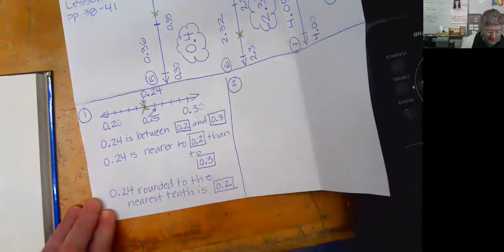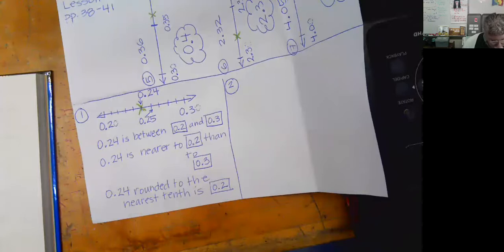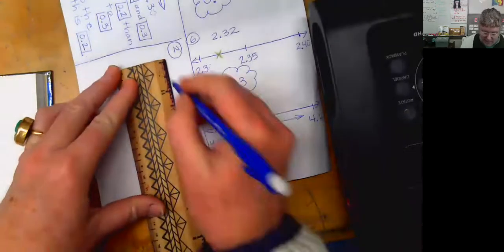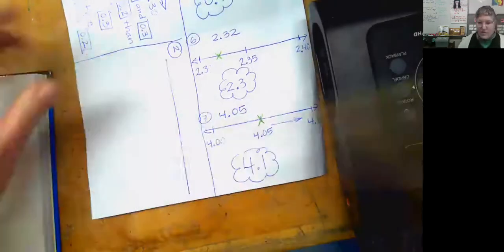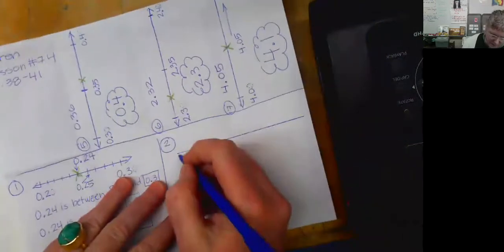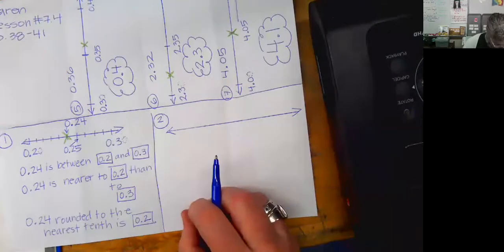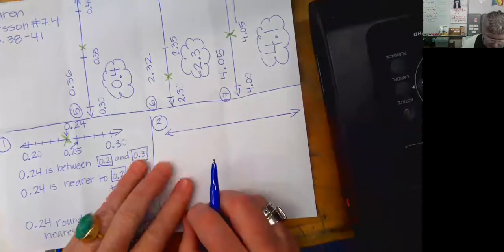All right. Okay, let's look at number 2. This time they don't have the number line drawn for us, so we're going to draw our own number line, and I'm not going to mess it up this time. I swear. Okay, so this time we're rounding 5 and 17 hundredths.